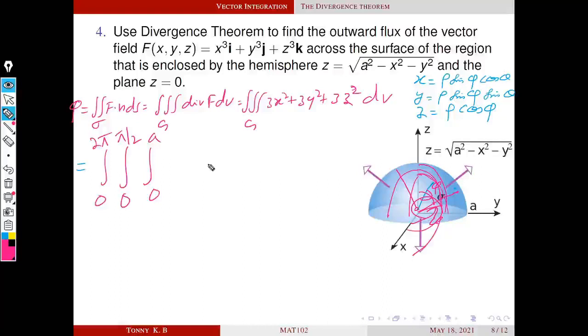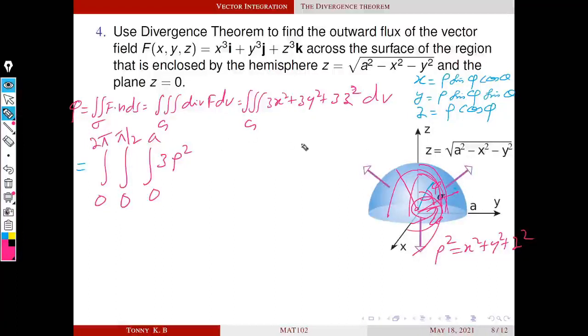Then what about rho square? Rho square is equal to x square plus y square plus z square. Here 3 is common, you can take it outside. So this becomes 3 into x square plus y square plus z square, that is 3 rho square. What about dv?